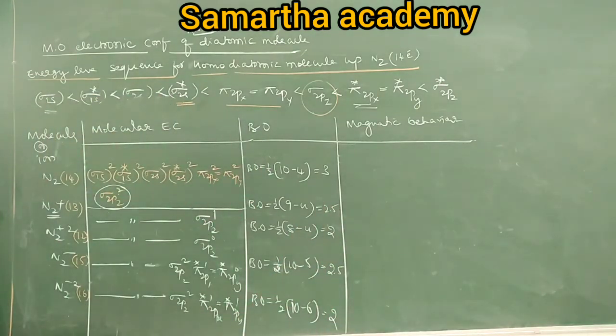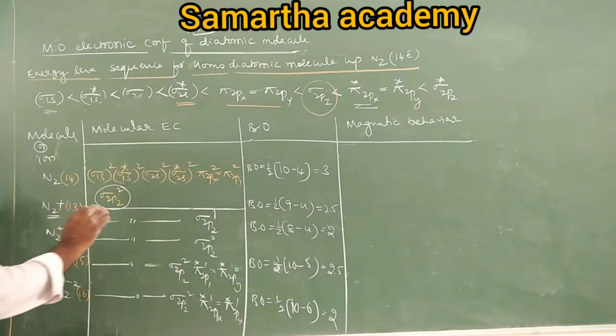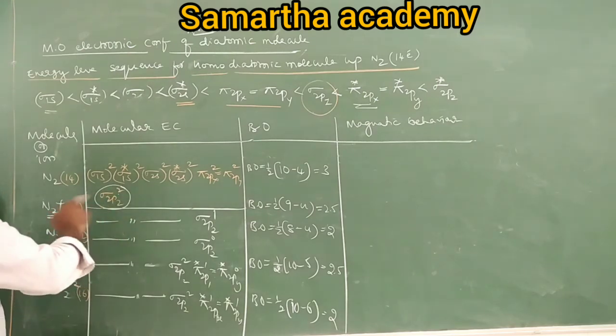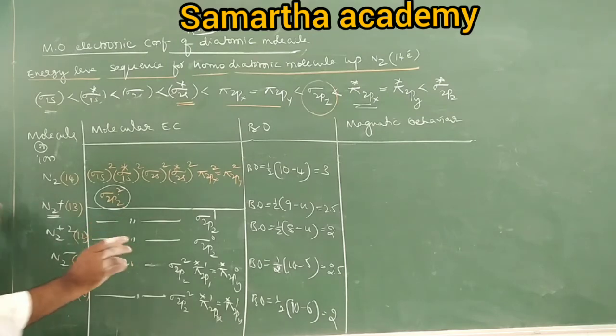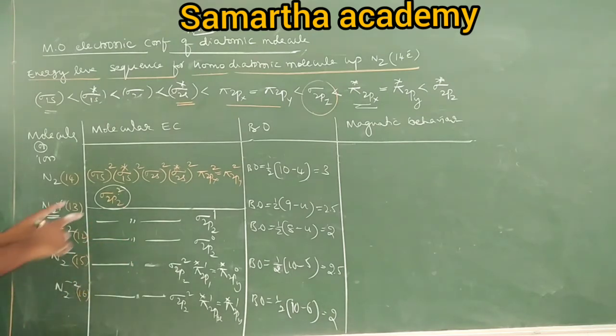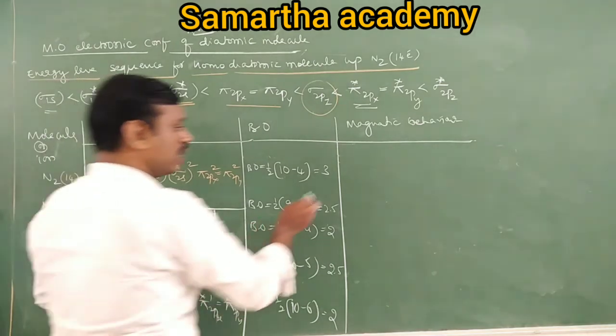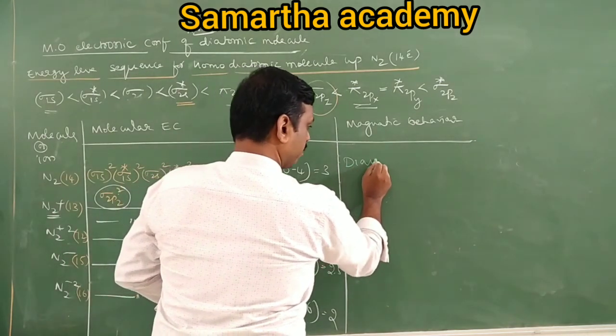Next, one more important property of N2 is para or dia. It is dia, because you see in all molecular orbitals, is there any unpaired electron? Unpaired means one should be there. All are 2, 2. It means the N2 molecule is diamagnetic, very very important.